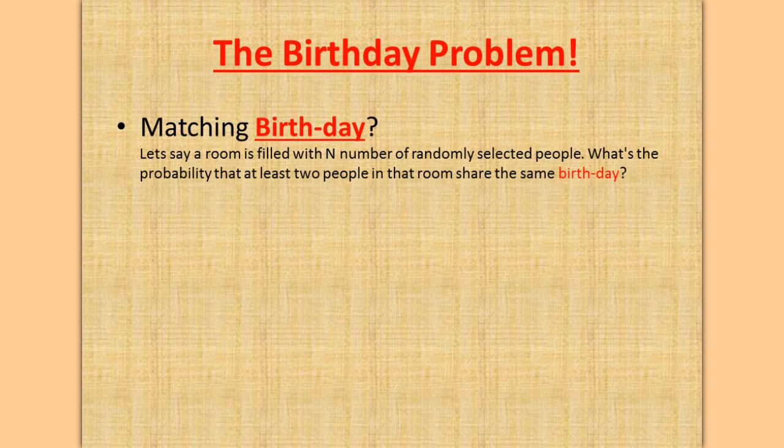Matching birthday. We're going to take their problem first. Let's say a room is filled with n randomly selected people. What's the probability that at least 2 people in that room share the same birthday?